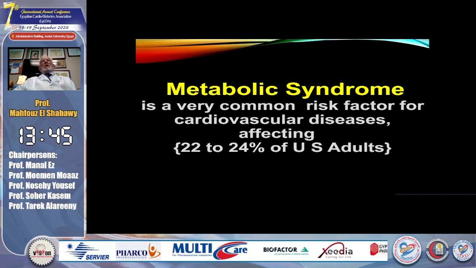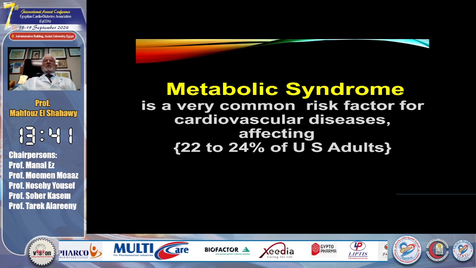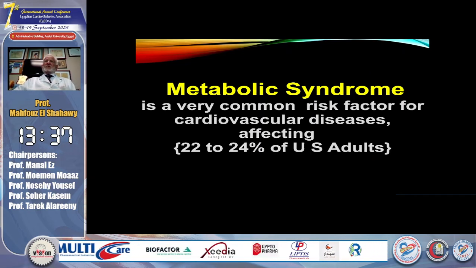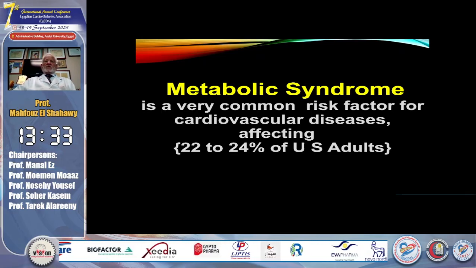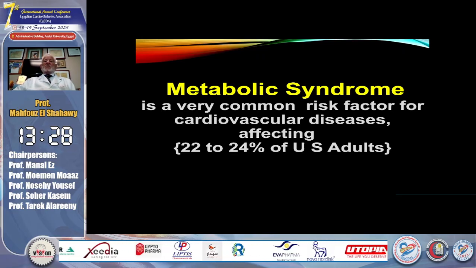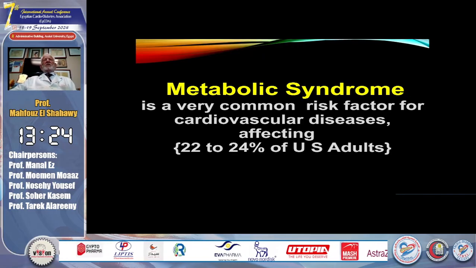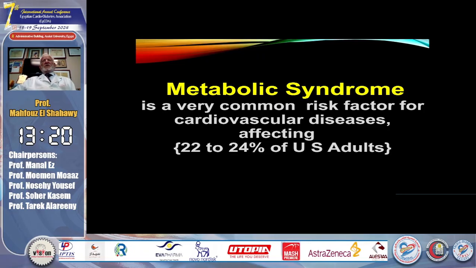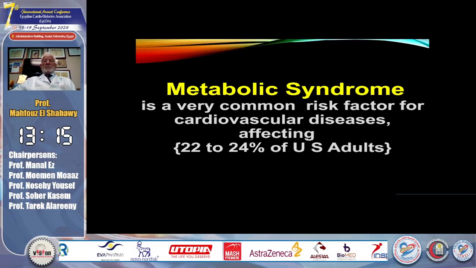Now, some of you may be confused about the terms metabolic syndrome and cardio-kidney metabolic syndrome. There are two different stories here. Metabolic syndrome, a term which has been with us for many decades, is a constellation of risk factors: 3 out of 5, i.e. obesity, hyperglycemia, hypertension, dyslipidemia.